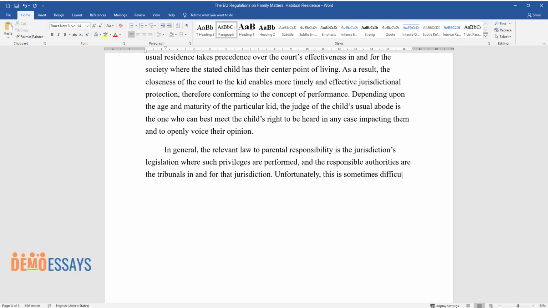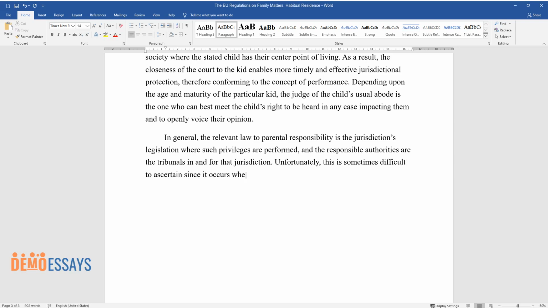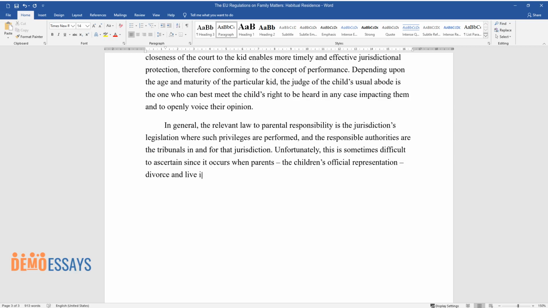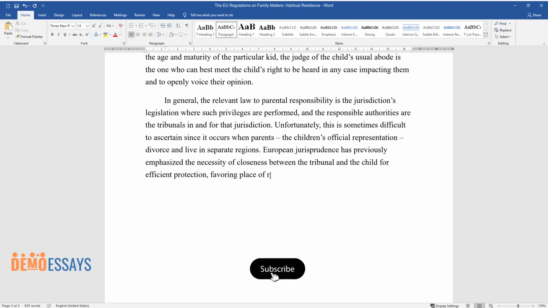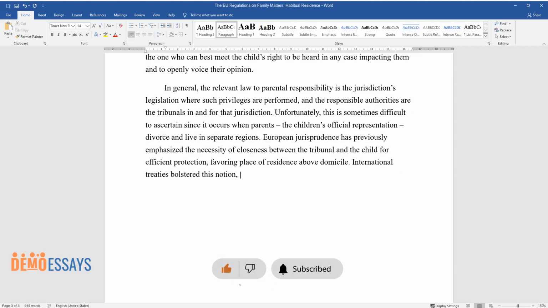Unfortunately, this is sometimes difficult to ascertain since it occurs when parents, the children's official representation, divorce and live in separate regions. European jurisprudence has previously emphasized the necessity of closeness between the tribunal and the child for efficient protection, favoring place of residence above domicile. International treaties bolster this notion, which was later embraced by court decisions.